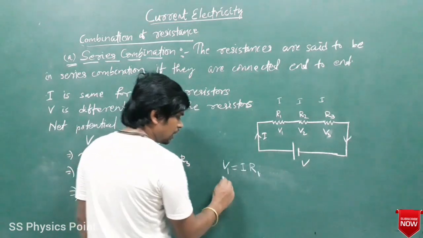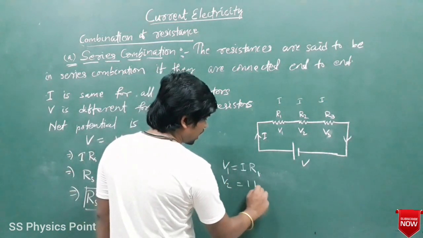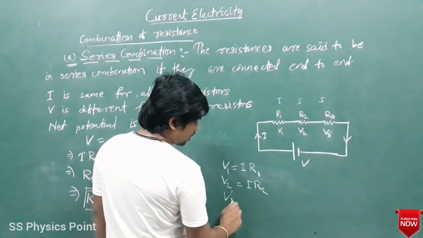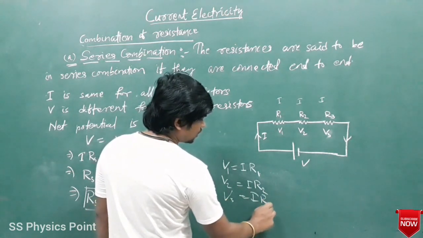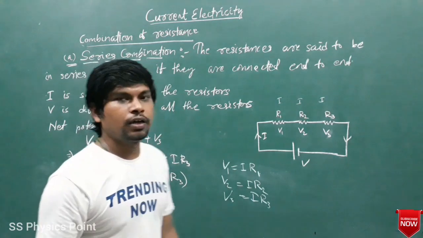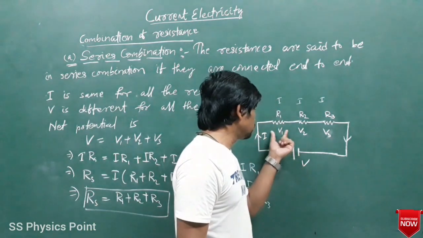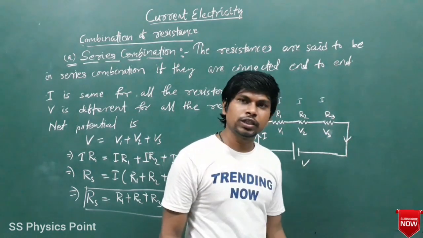For the second, similarly V2 will be how much, I into R2, and V3 will be how much, I into R3. After writing that, the net potential should be equal to the summation of all the potential.